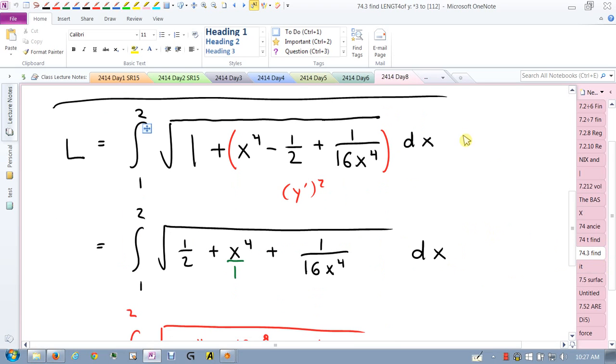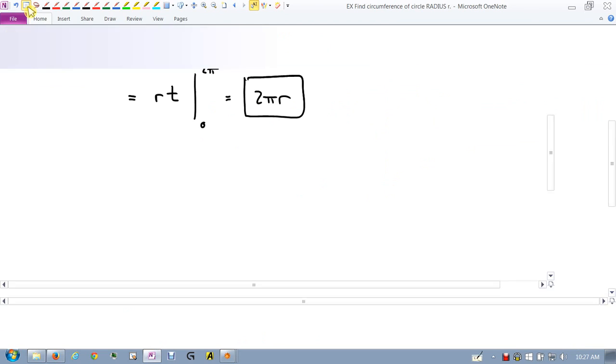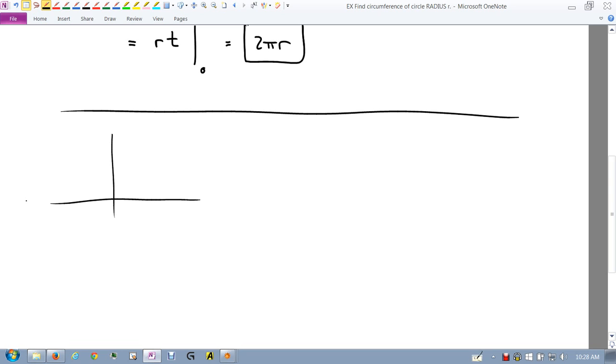And I was going to try and contrast the two different approaches to make you appreciate this a little bit. I won't do the whole thing, but I'll just show you the setup. If you were to try and find the circumference of a circle using the old way, you would first have to come up with a way of defining this first part of the circle, which you would use y is equal to the square root of r squared minus x squared.